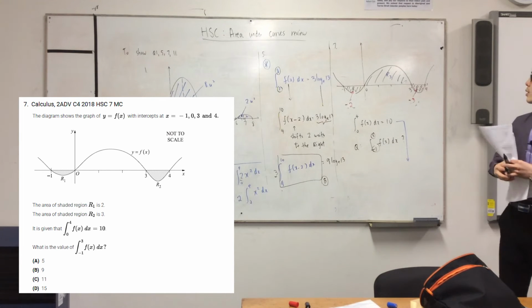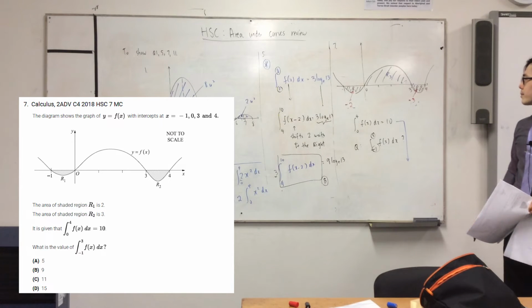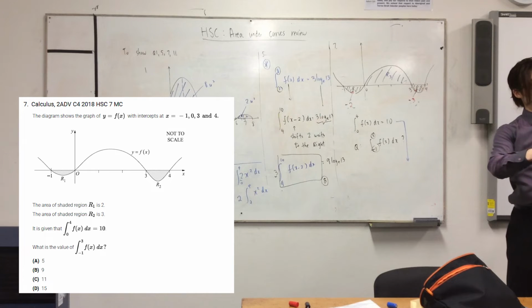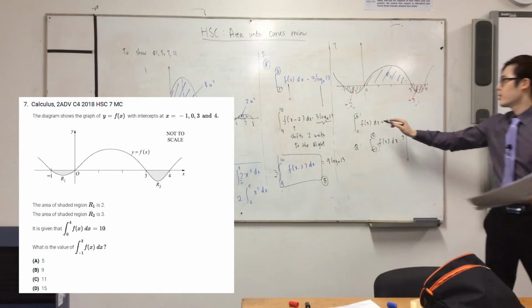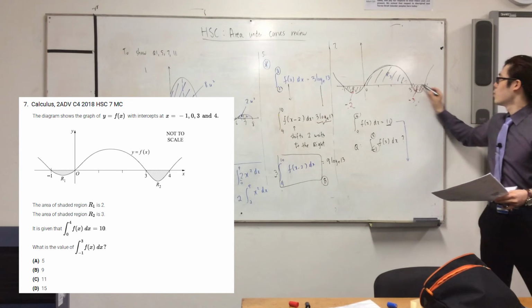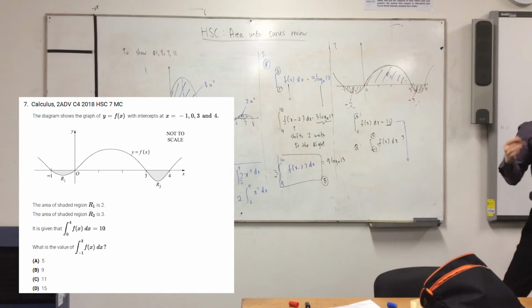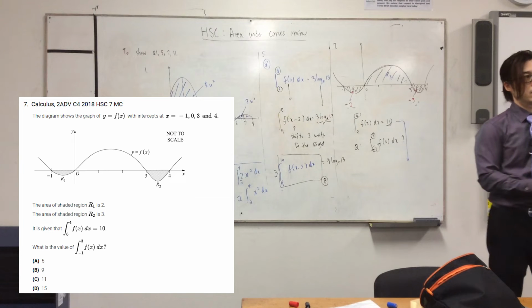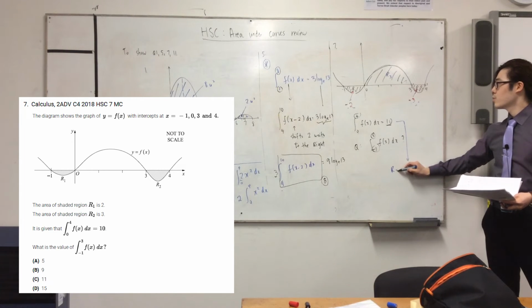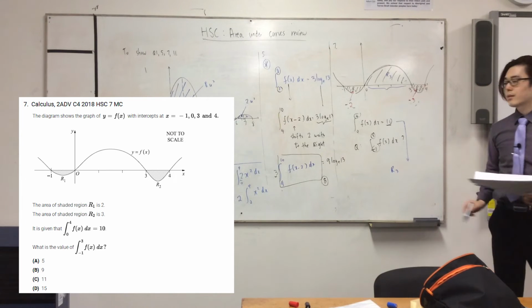Okay. All right. How should we go about it? It's actually not that hard now that I labeled it for you. 10 represents the area from 0 to 4. So from here all the way to 4. So what can I write as an equation? We got region 3, which counts from 0 to 3.